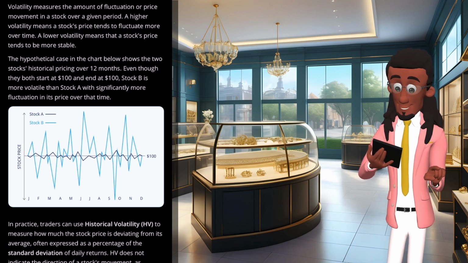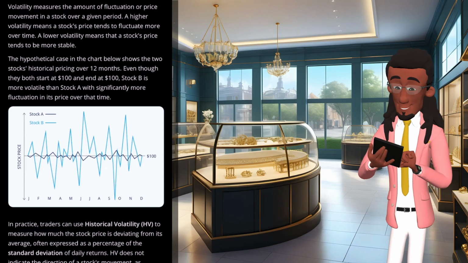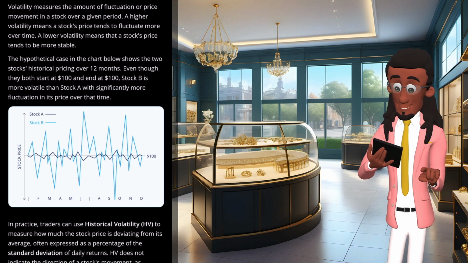A stock like Tesla, I noticed that it might run $7 to $10 a day. It's opening at 320 going to 330, then opening at 330 and coming down to 321, and sometimes it's $20 and $17.